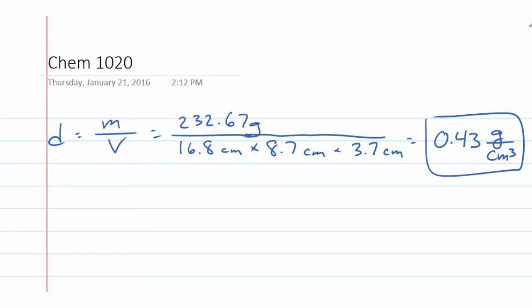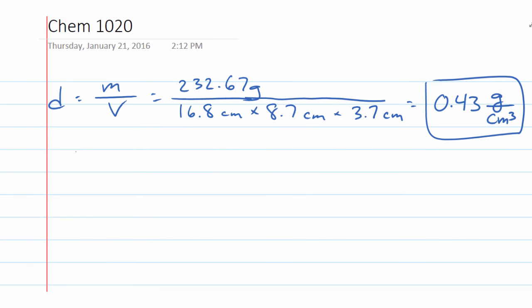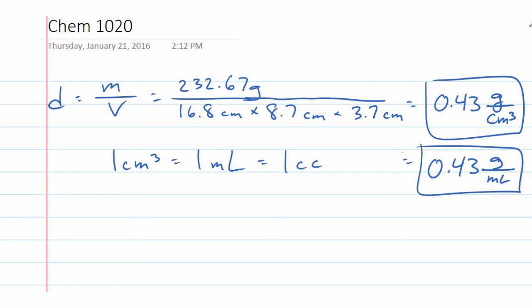Now the other thing is that when we look at a value like this, we need to remember that 1 cubic centimeter is the same as 1 milliliter, which of course is the same as 1 cc. Which means that another way we could write this density is as 0.43 grams per milliliter, or grams per cc.